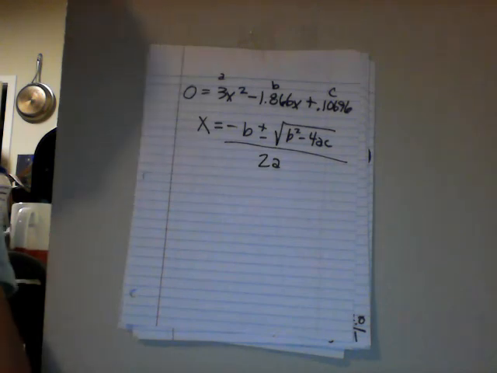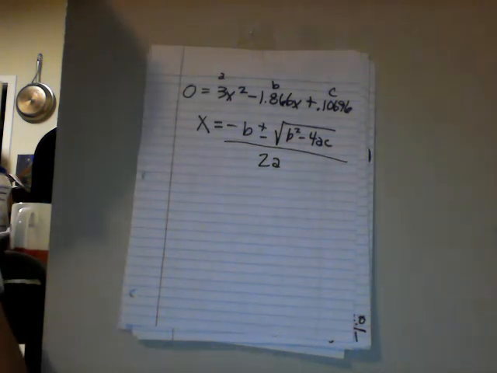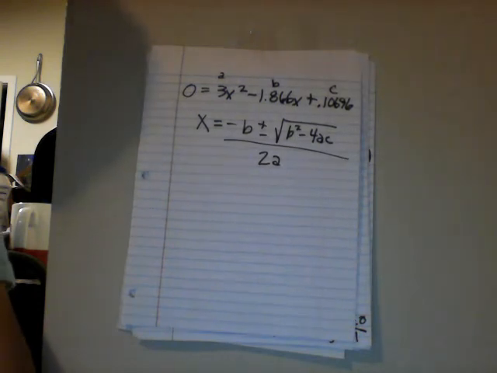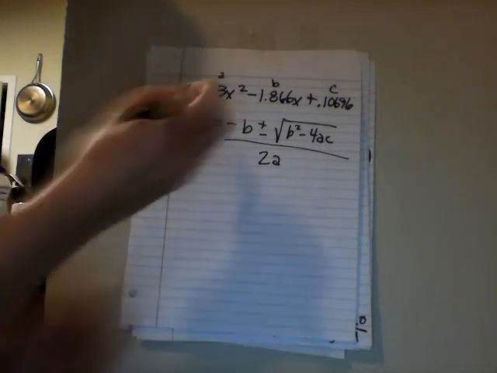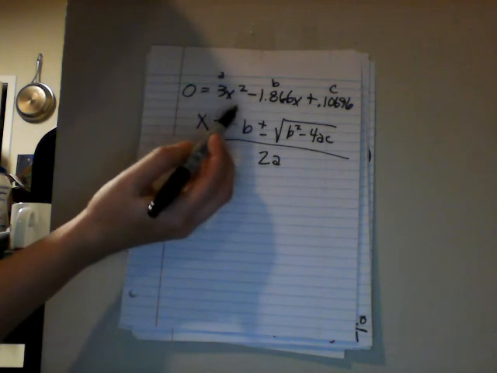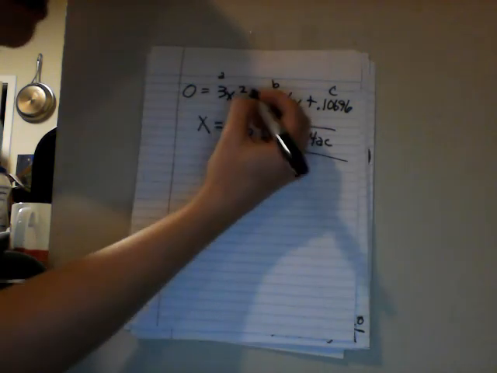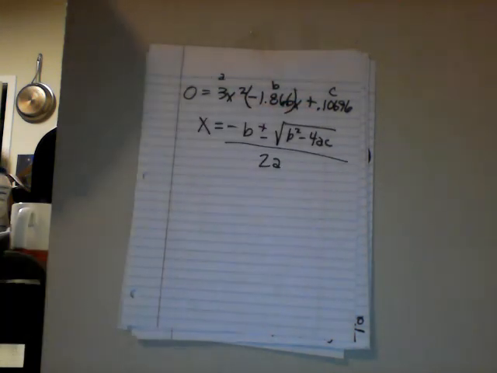Now, some people have emailed me and said, I cannot get the answer that you have gotten in your workshop. The problem is, I think you forget that when you plug in this value for b, everything needs to take on the proper signs. When you plug in this value for b, plug in negative 1.866.